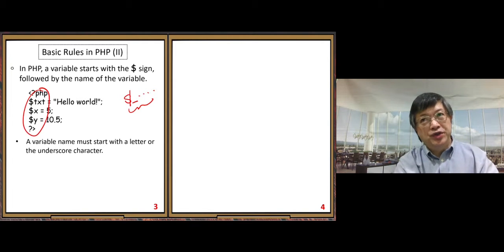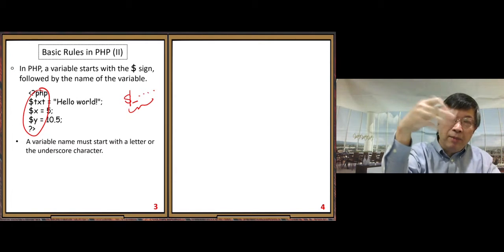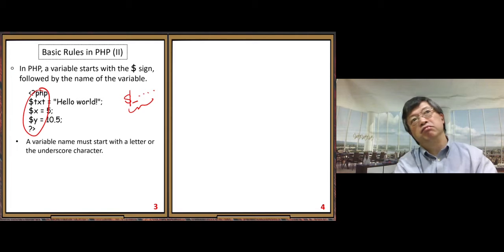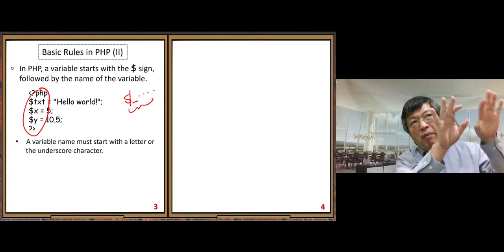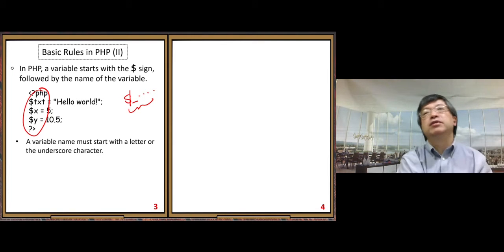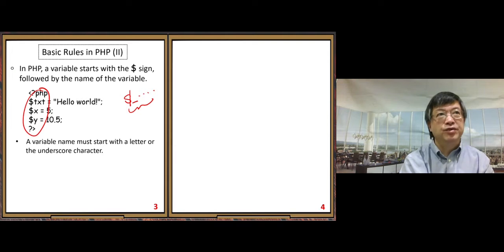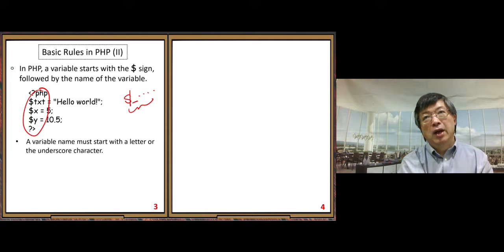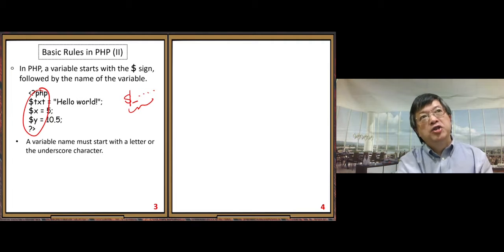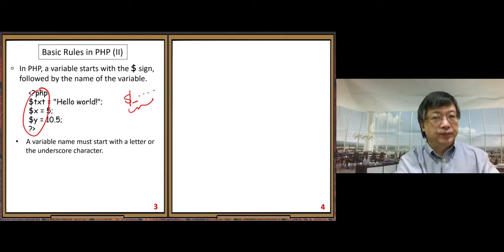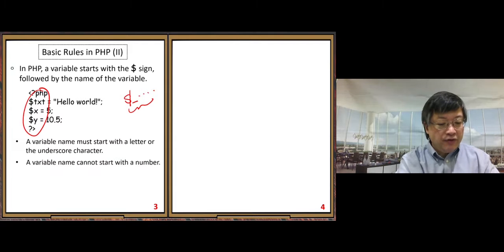Underscore is usually used to represent some very special type of variables, to separate them from the normal variables. Later we will see some very special variables that use that. All right, the first rule.